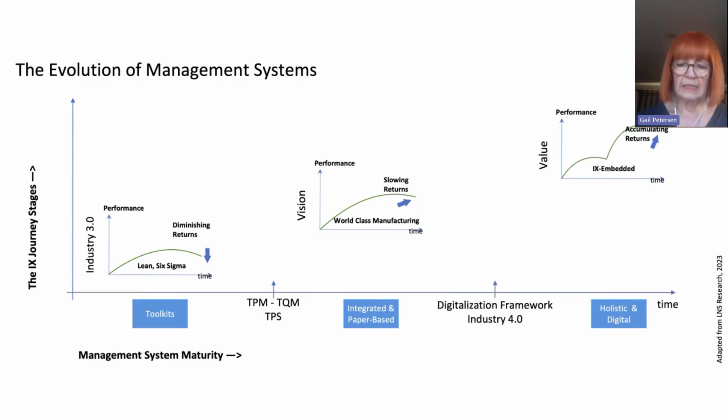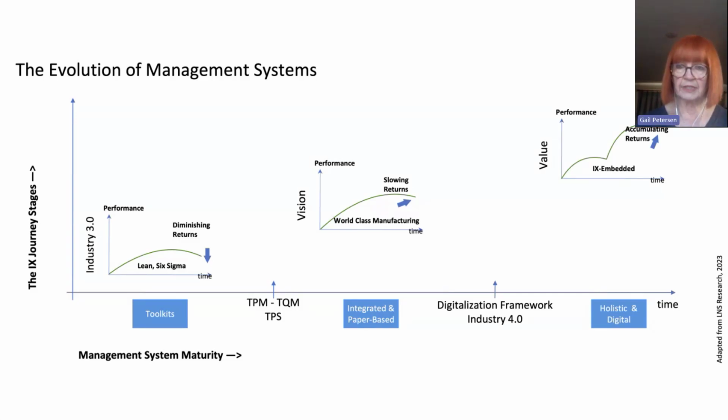So now we've got the digitalization framework, and we've got Industry 4.0. And what we have now is we're leveraging technology, and we're going to be talking a lot about technology, to digitize processes and streamline operations. What have we got? We've got advanced analytics. We've got AI and machine learning.